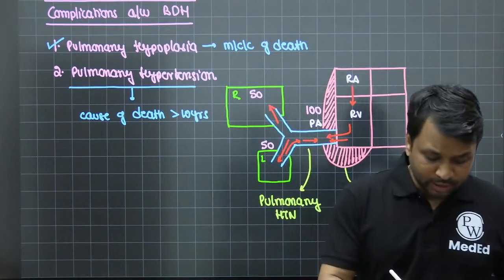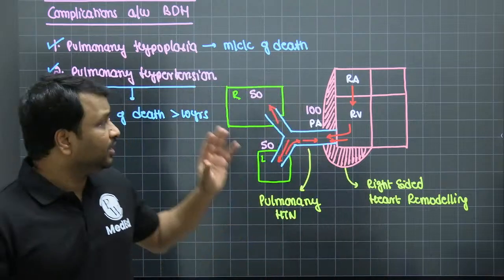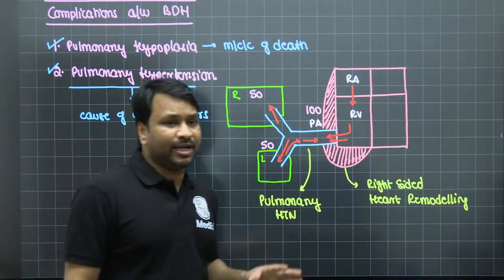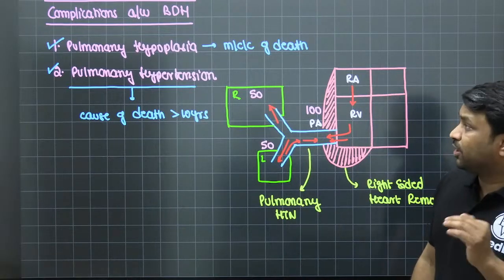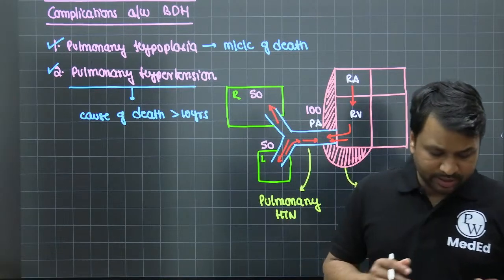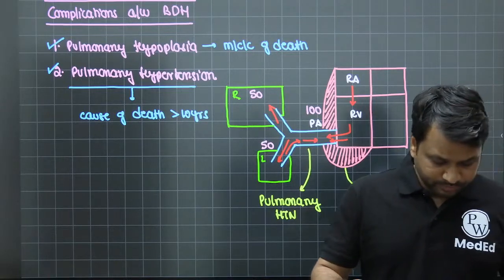So two things that you need to know. At birth, what is the likely cause of death? Pulmonary hypoplasia. But at 10 years of age, what is the likely cause of death? It is going to be pulmonary hypertension, right?